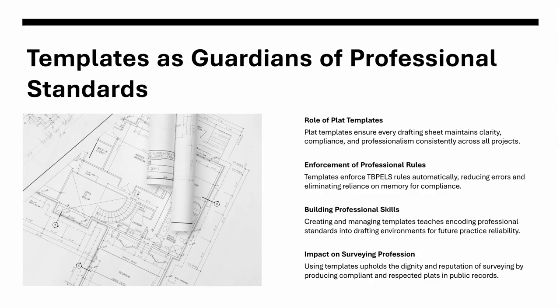If consistency is about predictability, quality is about excellence. Quality ensures that plats are not only accepted by regulators, but also respected as permanent legal records. A plat that is sloppy in line work, careless in notation, or ambiguous in presentation may technically pass approval, but it will not stand the test of time.